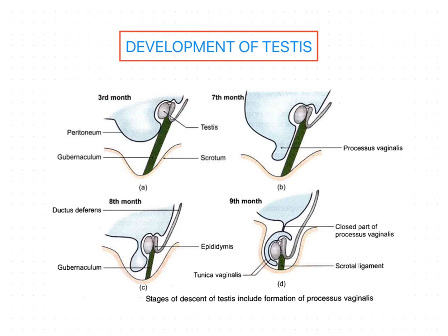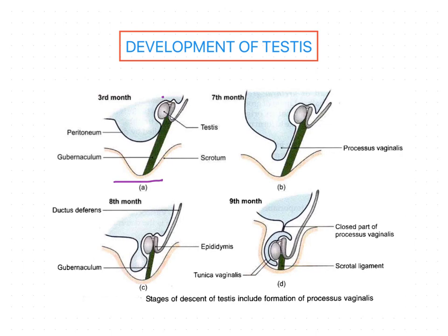Each testis on both sides begins to descend during the 2nd month of intrauterine life. It reaches the iliac fossa by the 3rd month. Okay.